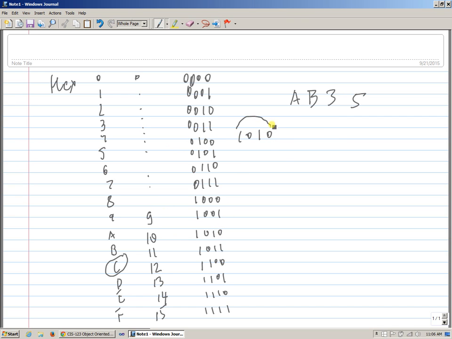This is what A contributes. What B contributes is 1011. I built everything from scratch, I never looked anything up. So B is 1011. Then 3 is 0011, and 5 is 0101. This is it.